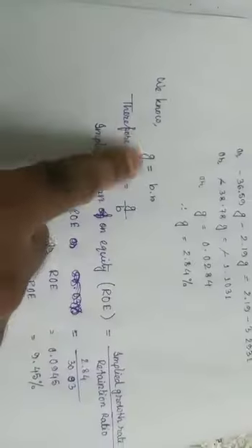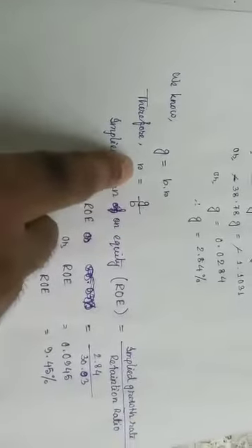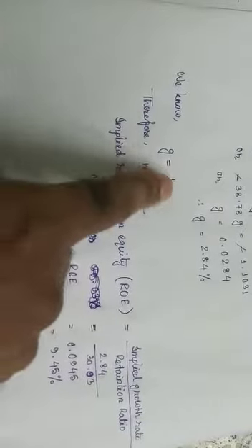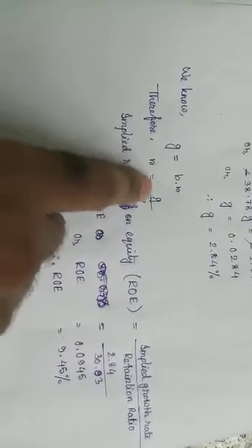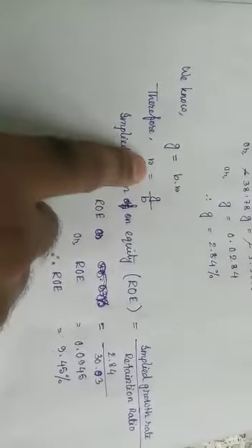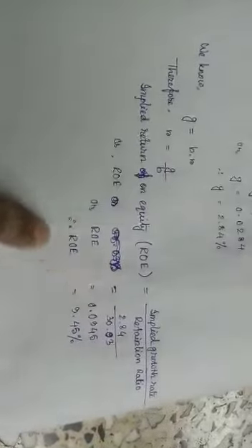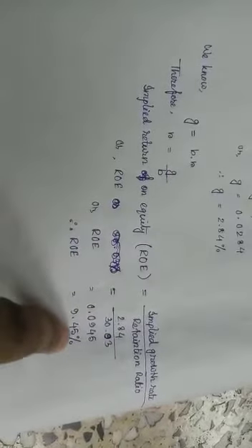Now we know that G equal to B into R. Therefore R equal to G divided by B. Here R is the implied return on equity. Now here G equal to implied growth rate and B equal to retention ratio. Implied growth rate is 2.84% and retention ratio was 30.03%. Therefore implied return on equity will be 9.45%.